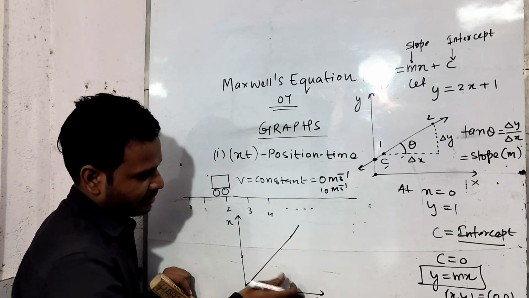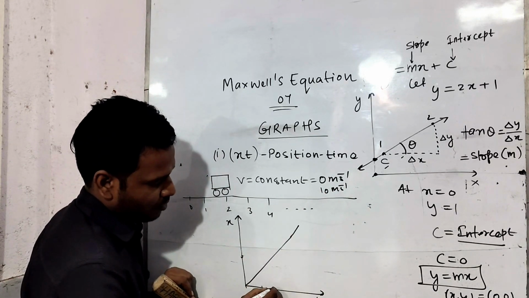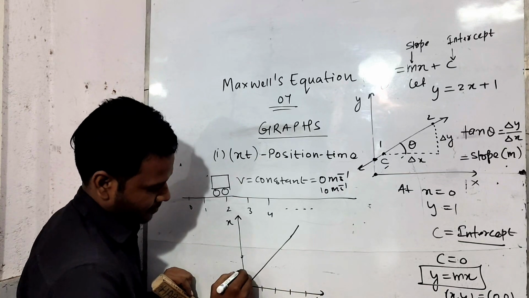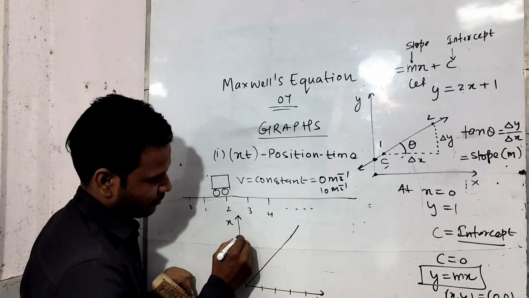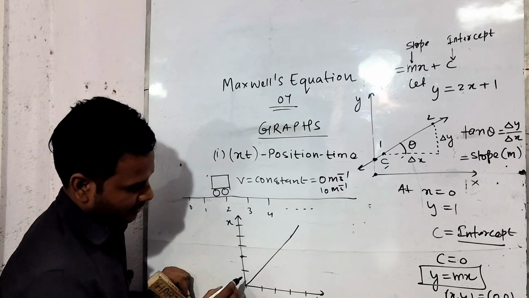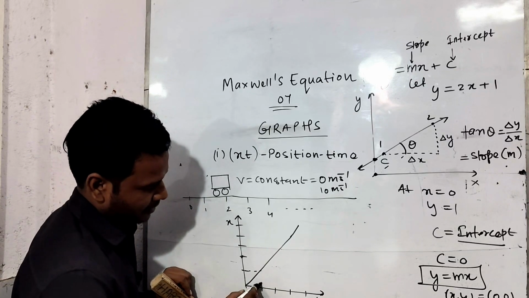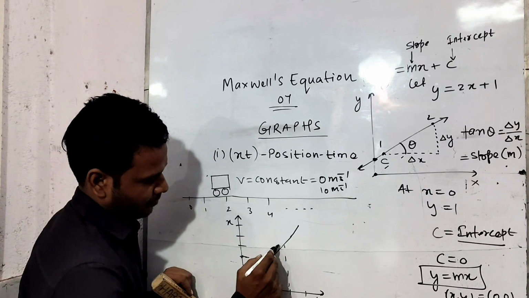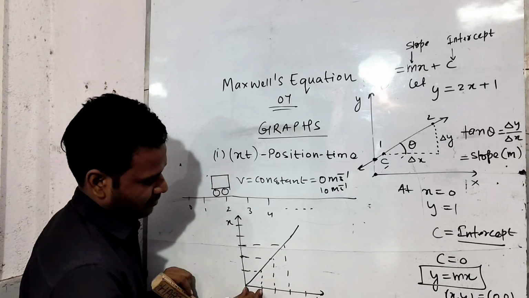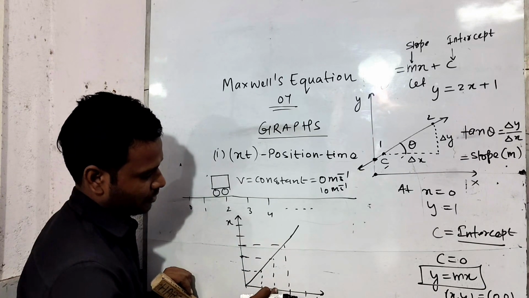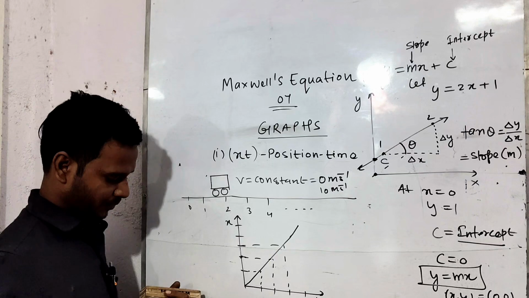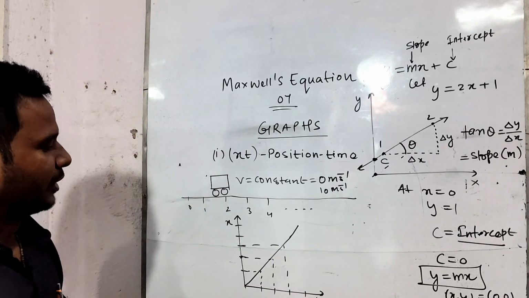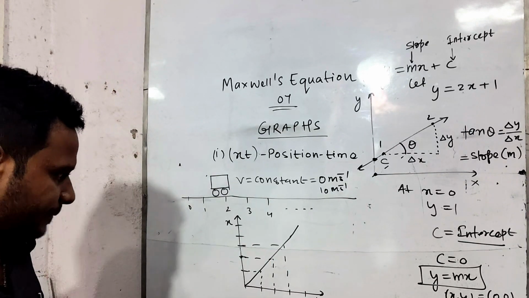So 10 meter per second every second. So in equal intervals of time, that is the definition of constant velocity, it travels equal displacement. If this time displacement is the same and this time displacement is the same, this denotes the constant velocity.